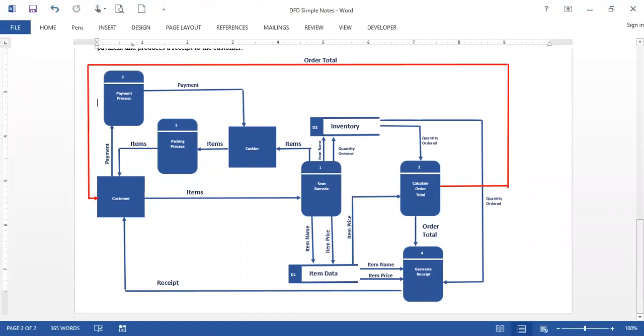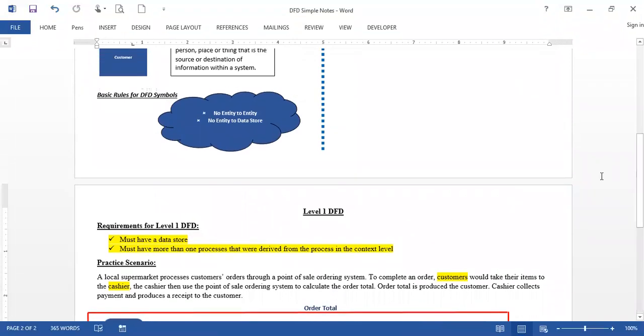So just let us take a quick look at the different processes that I've identified. And please remember that there is no one right answer for DFD. All you have to do is just ensure that you're following the rules. So there's a general rule when creating DFD, which is no entity to entity, no entity to data store. And then under each level, you have your rules as well.